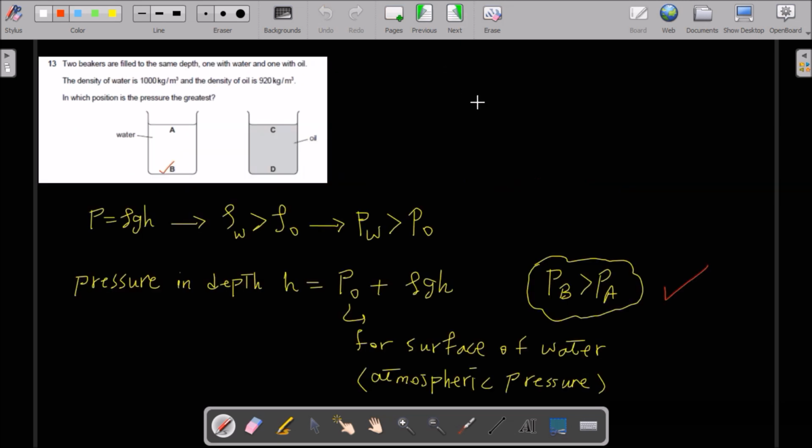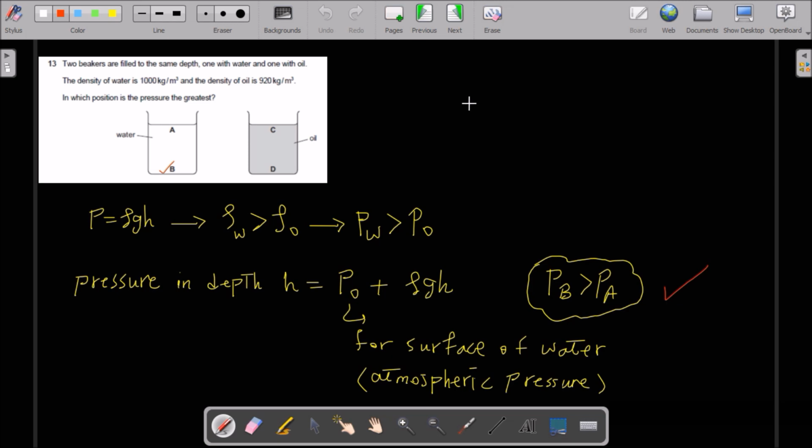Question 13. Two beakers are filled to the same depth, one with water and one with oil. The density of water is 1000 kg per meter cube and the density of oil is 920 kg per meter cube. In which position is the pressure the greatest? We know that pressure is rho GH.